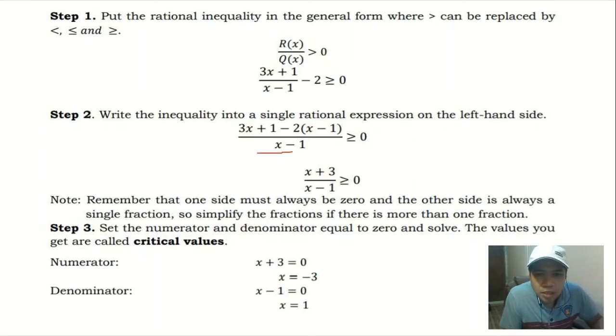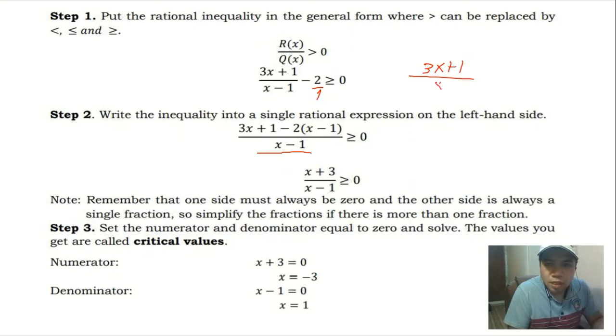Then, paano nangyari to? Pinagsama lang natin. Kinumpute lang natin to as 2 over 1. So, LCD, 3x plus 1 over x minus 1 minus 2 over 1. LCD lang natin. X minus 1 divided by x minus 1 is 1 times yan. 3x plus 1.